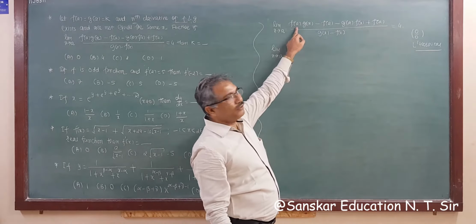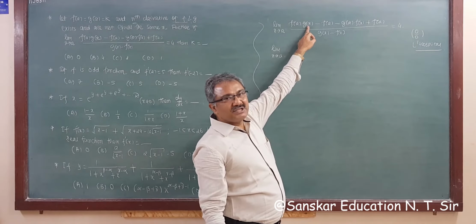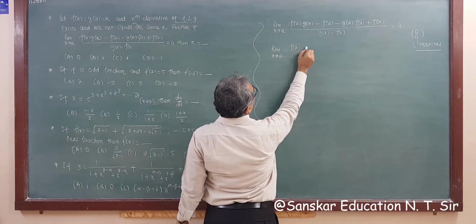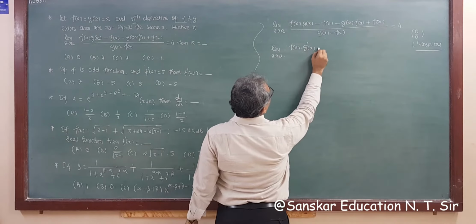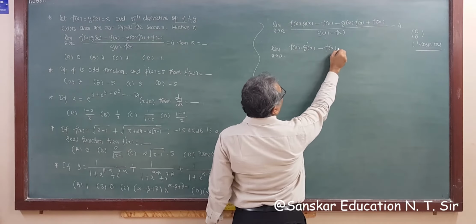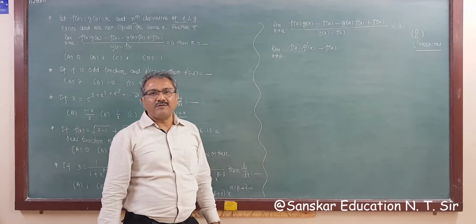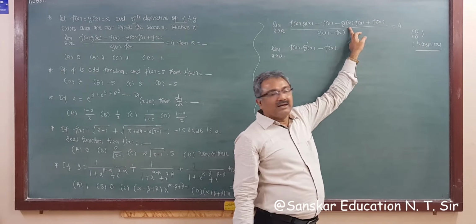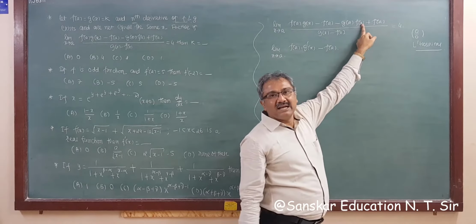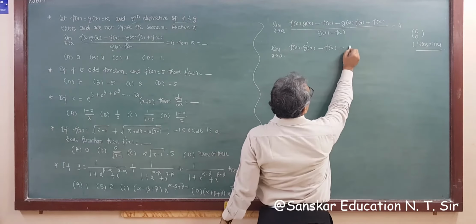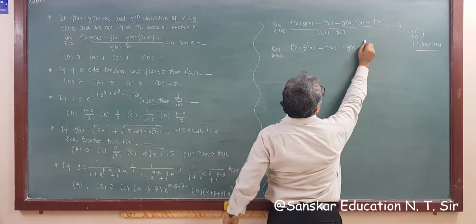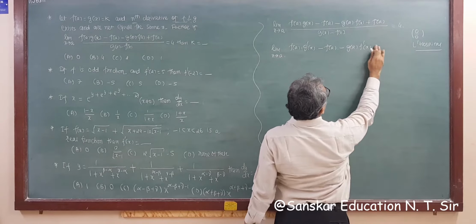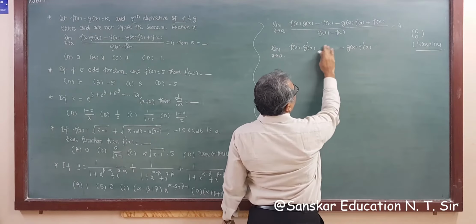Now f(a) is constant, so as it is, and the derivative of g(x) is g'(x), so this is f(a)g'(x) minus f(a), minus g(a) as it is, and the derivative of f(x) is f'(x), so minus g(a)f'(x), and plus f(a), that is constant so its derivative is 0, no need to write this.